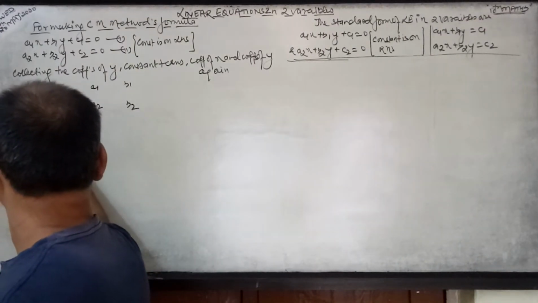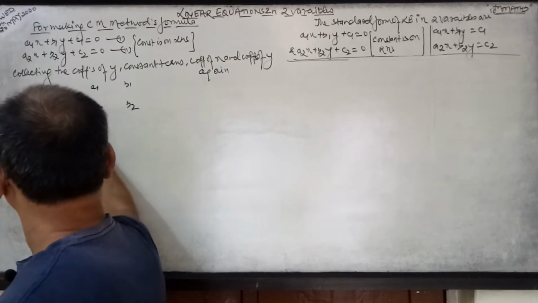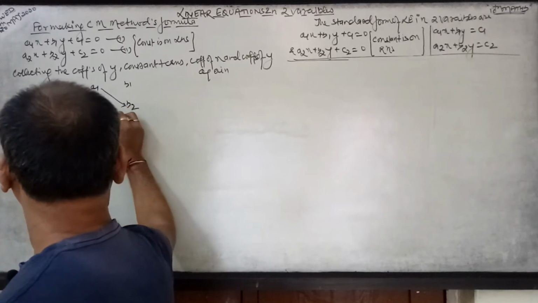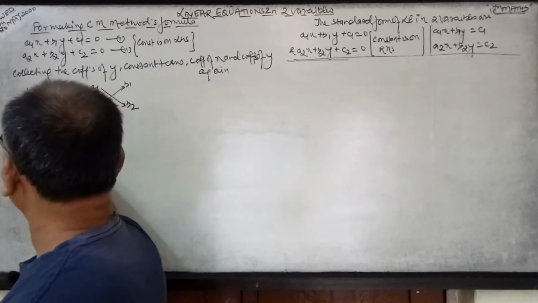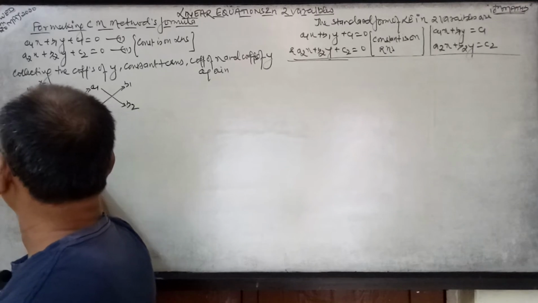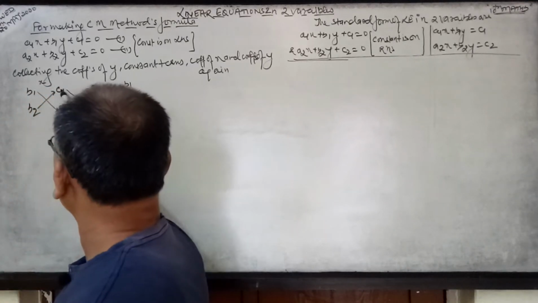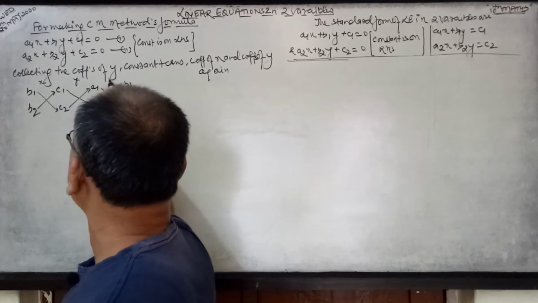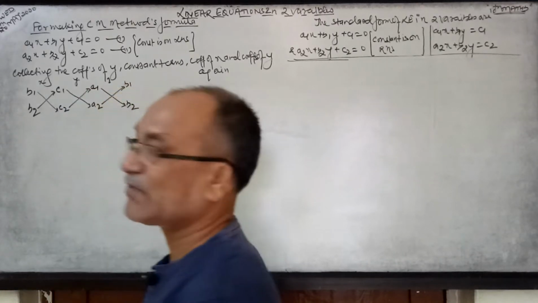Now make a Saras diagram, and in between of this you write x, in between of this you write 1, and in between of this you write plus 1, plus 1.